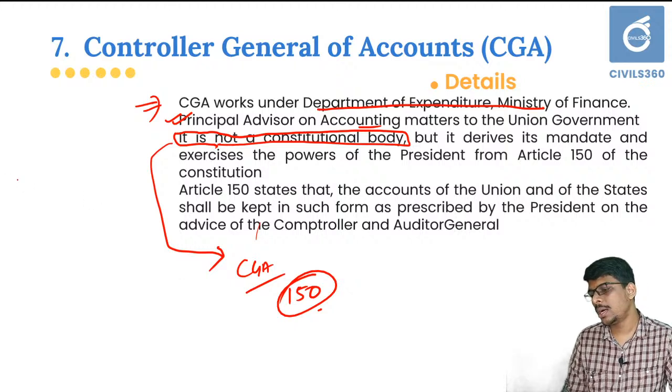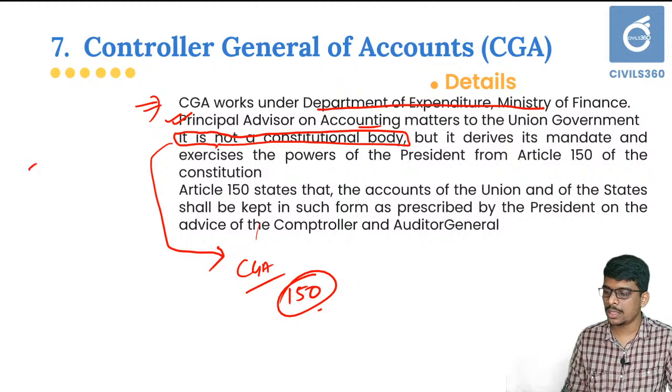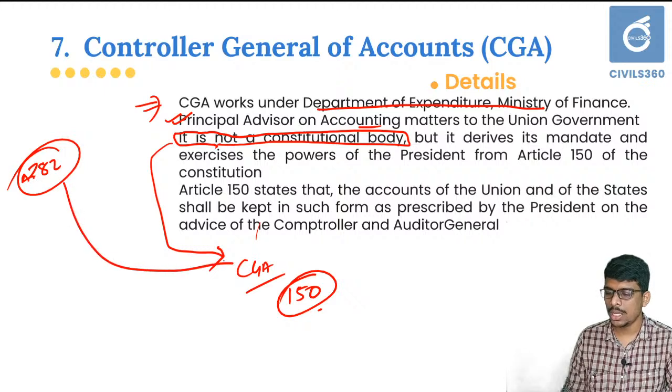For example, the erstwhile Planning Commission gets its powers from Article 282 of the Indian Constitution. Similarly, this CGA or Controller General of Accounts gets its powers from Article 150, but it is not a constitutional body.